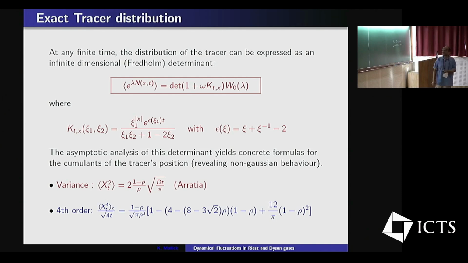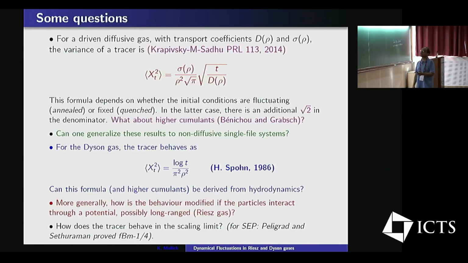So now we want to extend this approach, and we want to understand other kinds of systems. So many questions arise. For example, if your model, which is underlying your dynamics, is not integrable, what can you do? So you can do perturbation theory. And using perturbation theory with Paul Krapivsky and Tridib, 10 years ago, we were able to compute the variance of your tracer for any sigma and D, so not necessarily the exclusion process.